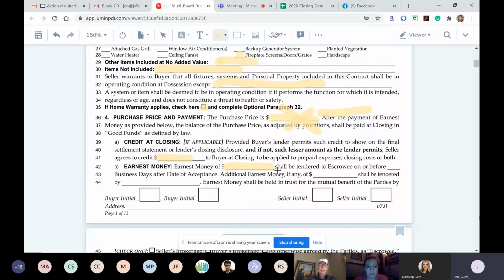And then the additional earnest money, you can write a money amount here, or you can write a percentage of the purchase sales price. And that will be tendered by, and usually people write 2 days after AI. And that's not code, it just means 2 days after the attorney review period ends.